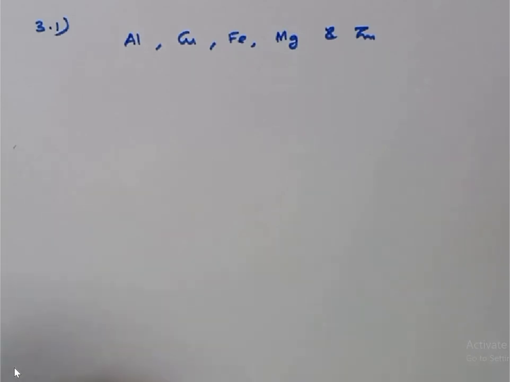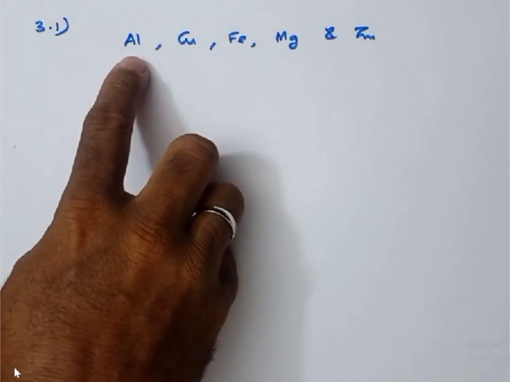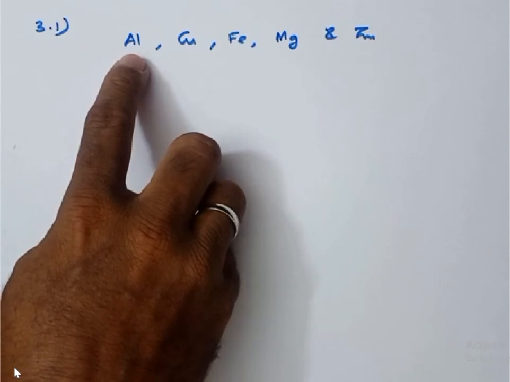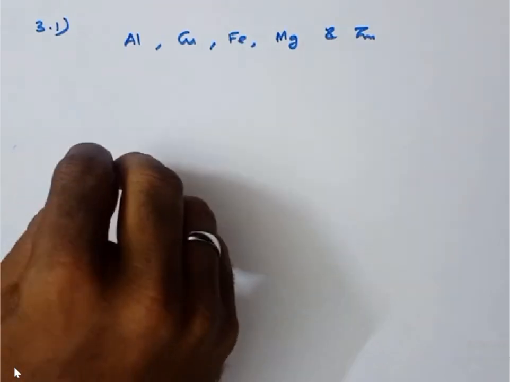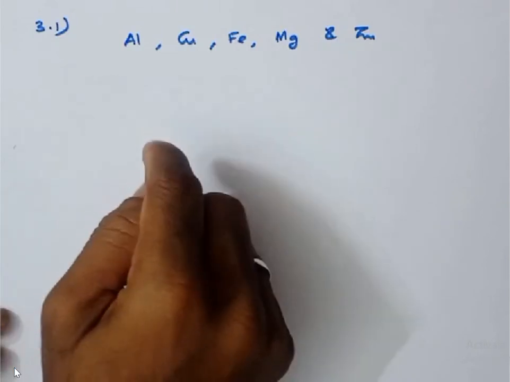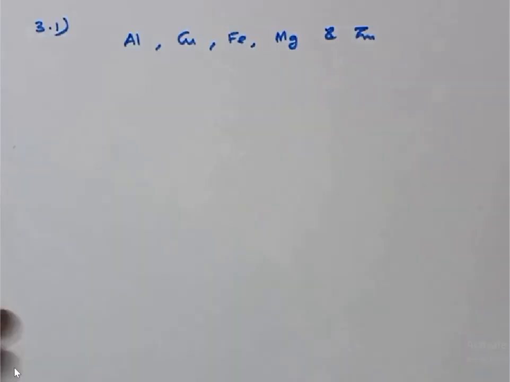Suppose if we have aluminium ion solution, and we put a copper rod, can copper displace aluminium ion or not? I have told you that for this you have to see the reduction potentials, the SRP values.